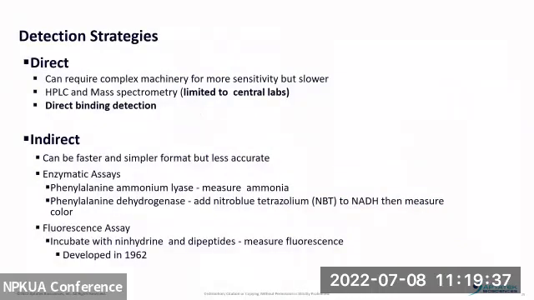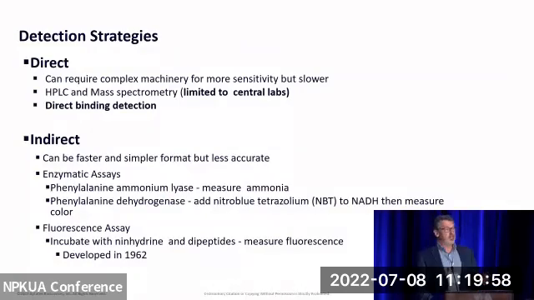So when we think about measuring phenylalanine, there's kind of two really broad categories, and I know my colleagues will talk more about this in their own technologies, but it's basically direct measurement of phenylalanine, such as HPLC, where you're actually measuring the amount in the blood, or indirect, where you're measuring using the detection of the phenylalanine to create a stronger signal through some kind of additional chemistry to allow you to determine either quantitatively or semi-quantitatively how much phenylalanine is there.